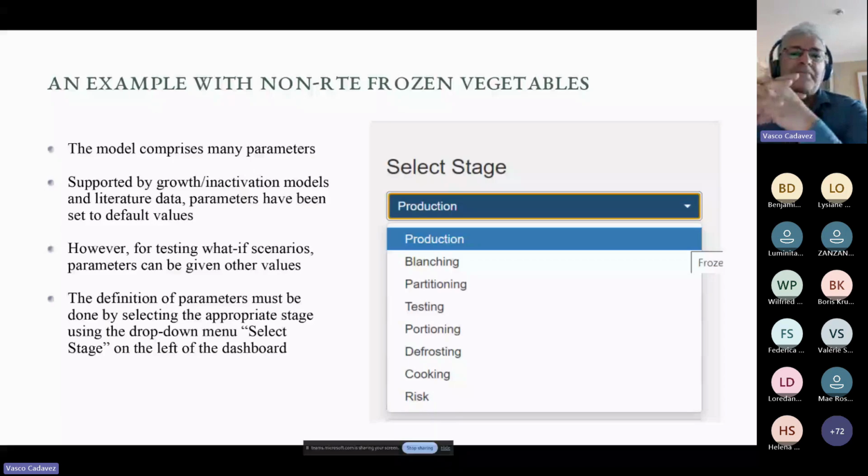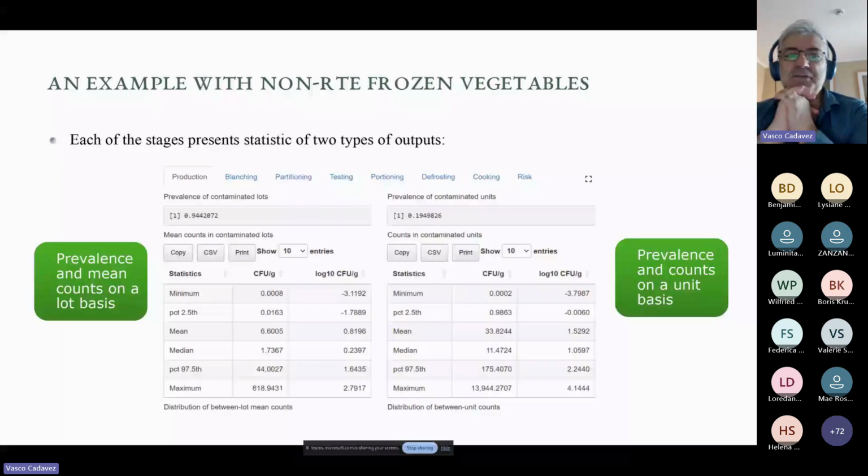So these are the results that we can get in a simulation. So we have 2 types of outputs here. We have the prevalence on the left side, prevalence and mean counts on a lot basis. So we have information of a lot, and then on the right side we have information about the prevalence and counts on a unit basis.